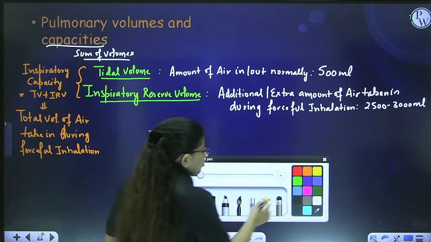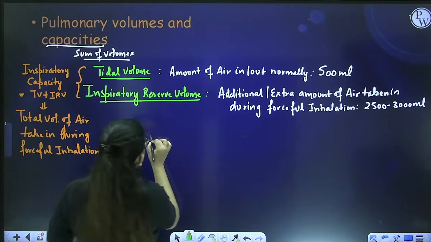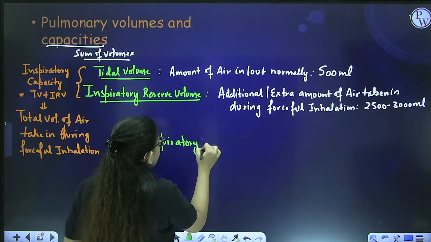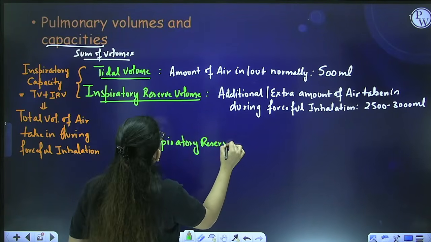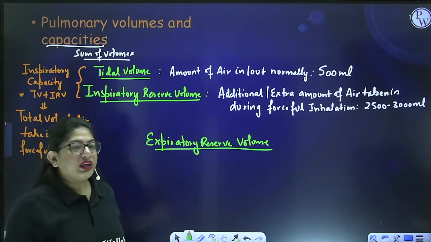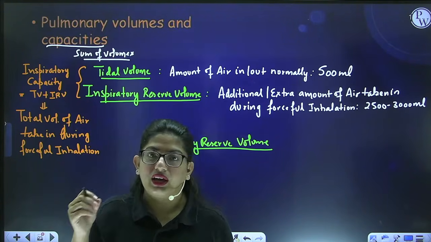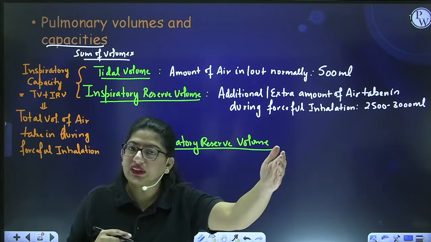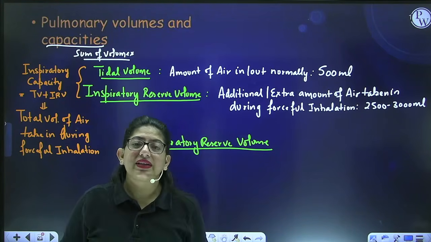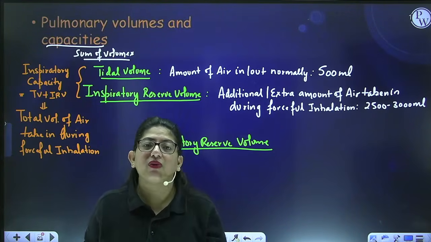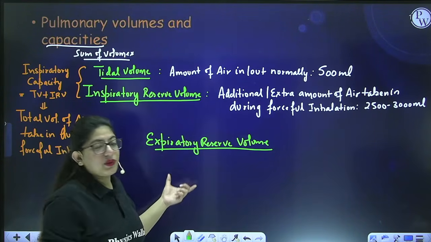Fine. Now what about expiration? We also do forceful expiration, isn't it? So that is expiratory reserve volume. Just like during forceful inhalation you take TV and IRV, when I am exhaling forcefully, I am also exhaling TV, the tidal volume, and I'm also exhaling some extra amount. That extra amount I am exhaling apart from TV is ERV, expiratory reserve volume.